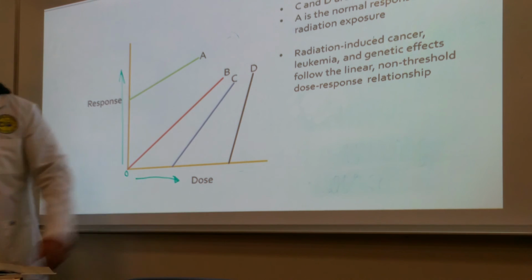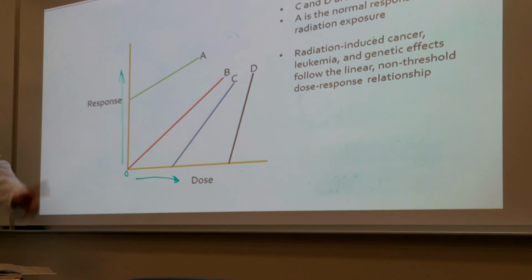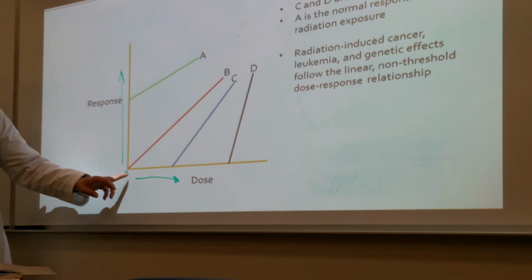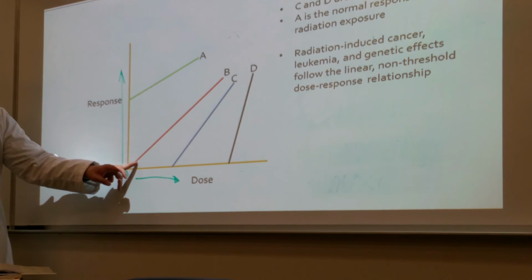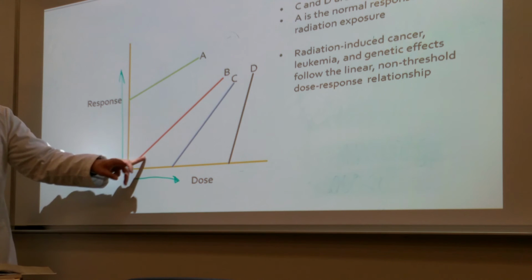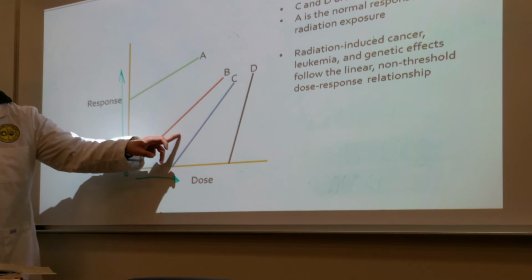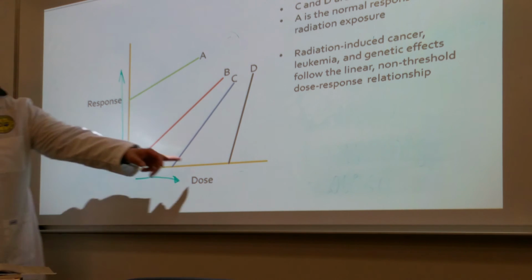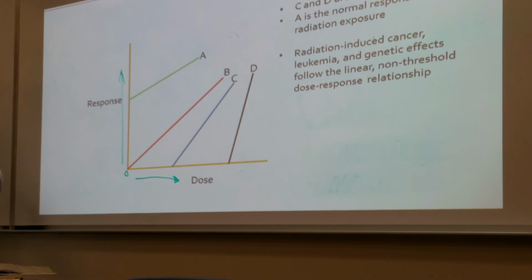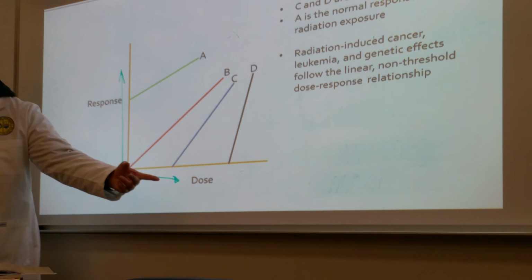Okay? Now, if it's linear non-threshold, it says here, no matter how small the amount, there will be some type of effect. Now, when you look at C and D, this is linear threshold.